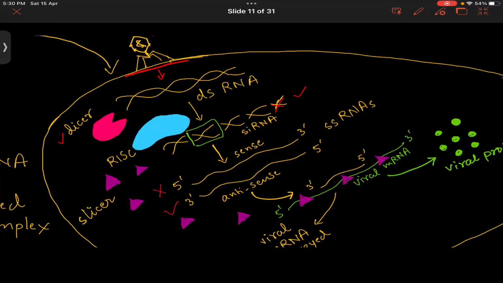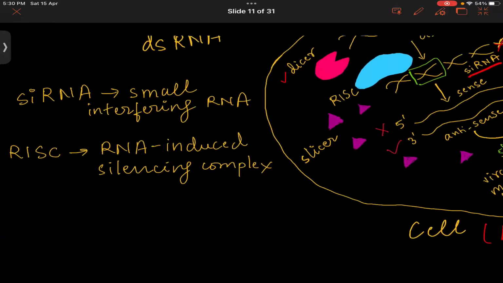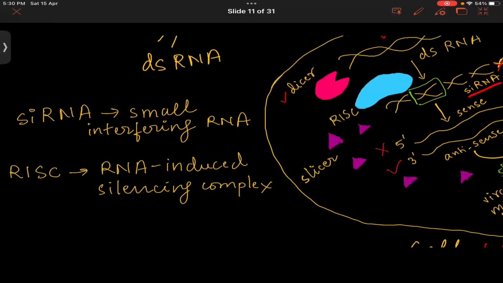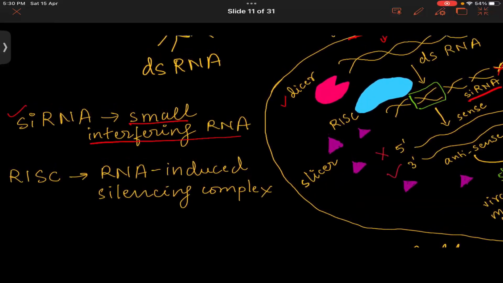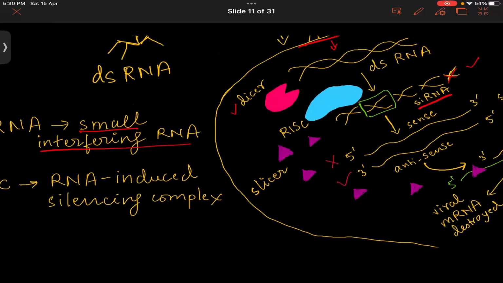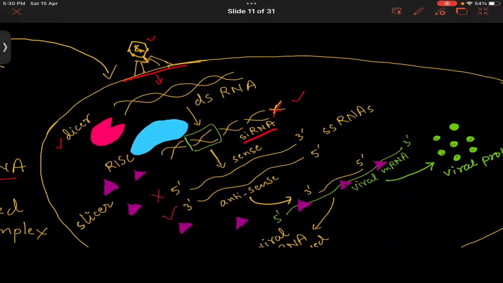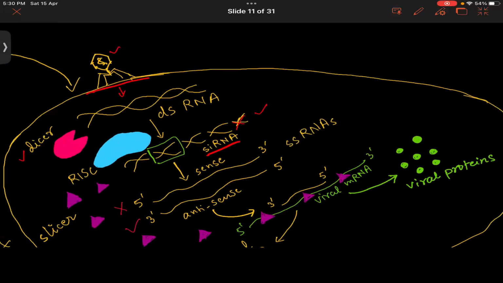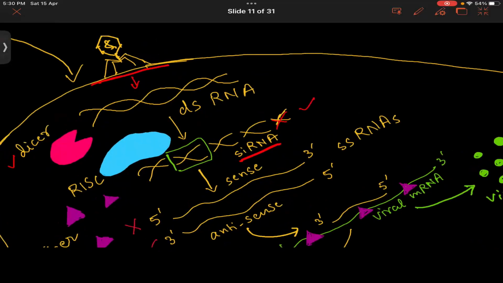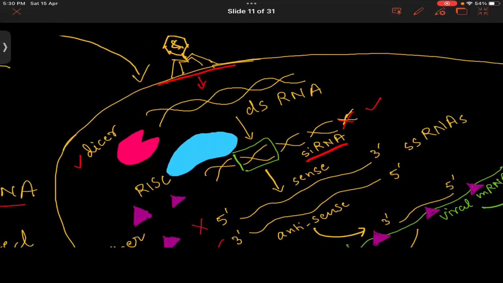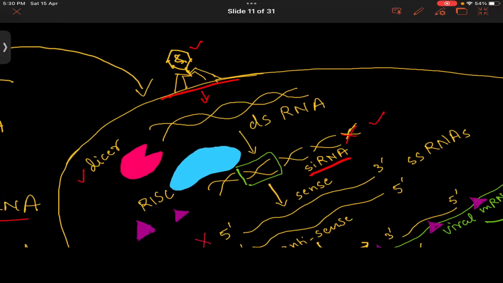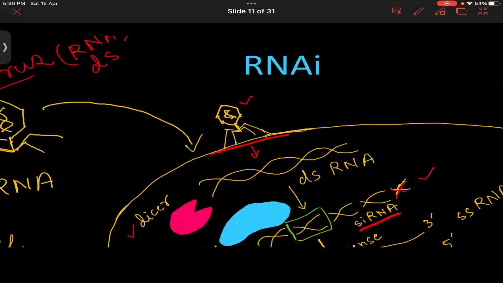Now, each of these pieces will be called siRNA. siRNA stands for small interfering RNA. Okay, so siRNA is formed after dicing by the enzyme Dicer of the double-stranded RNA that has come from this particular retrovirus.